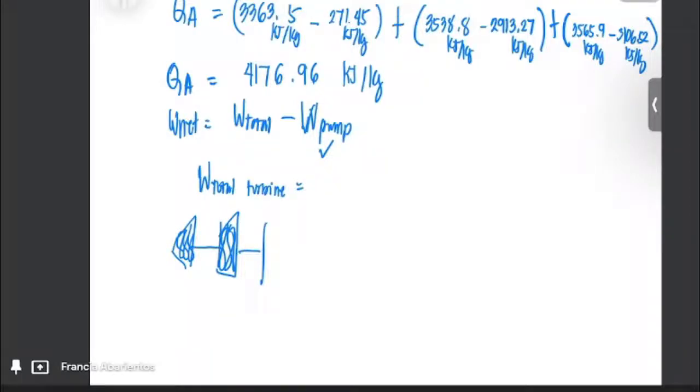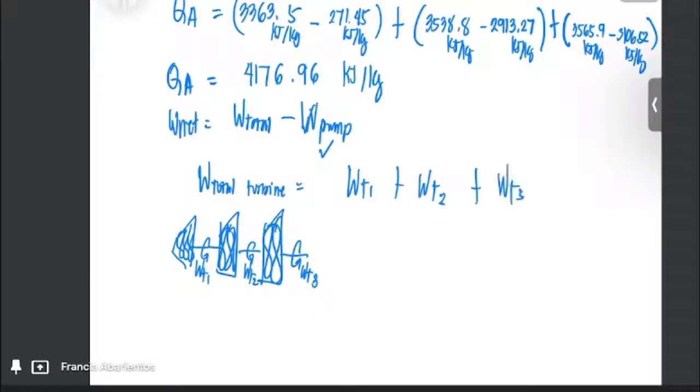Okay? Sa turbina, tatlo yun. First, turbine. Second, work of the shaft. Ayan. Nagpapamove niyan is the turbine 1, turbine 2, turbine 3. Entering 1, 2, balik siya at 3, labas siya at 4, balik siya at 5, and lalabas at 6.